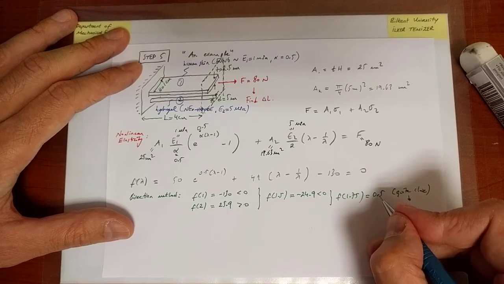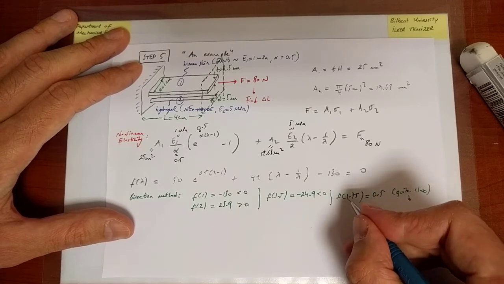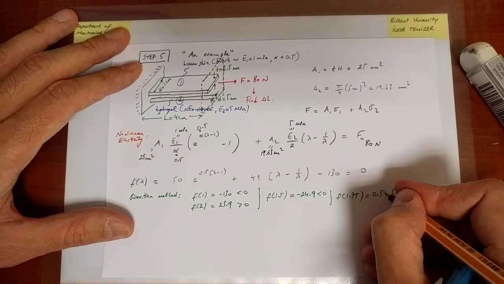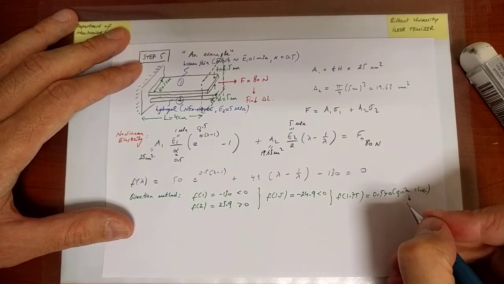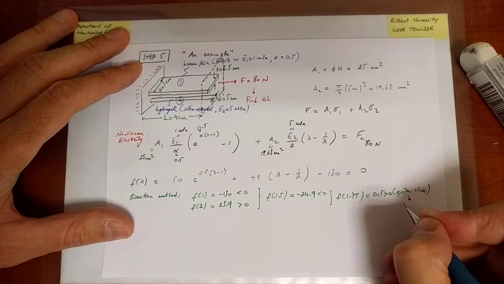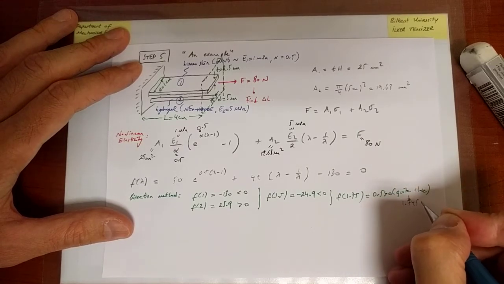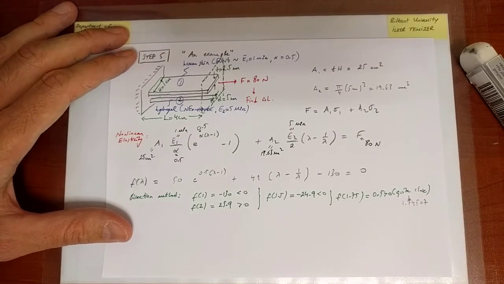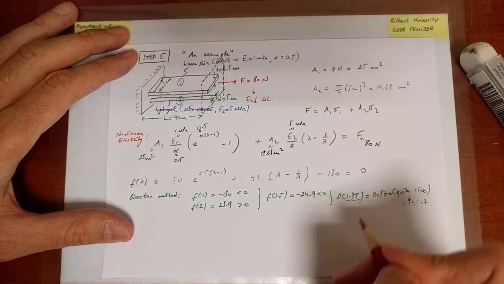We're supposed to pick a value that's smaller than 1.75 because this is positive, right? So the exact value is not 1.75 but slightly smaller, 1.74507. But for our purposes, this is good enough.